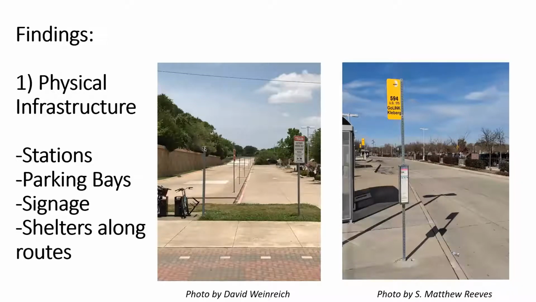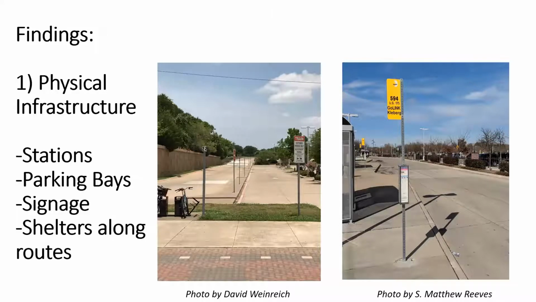So looking at some of our findings, we found a number of areas where physical infrastructure could be used as a tool to coordinate between the on-demand app-based services and fixed route transit. This shows two side-by-side photos.